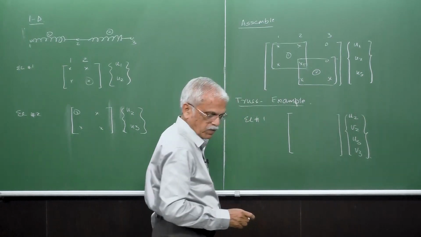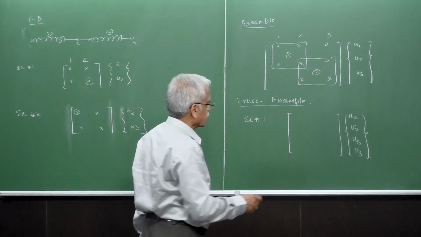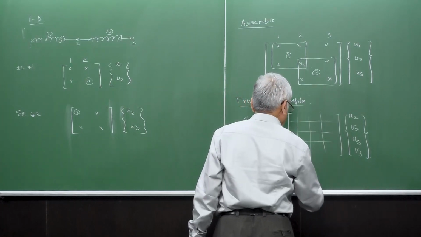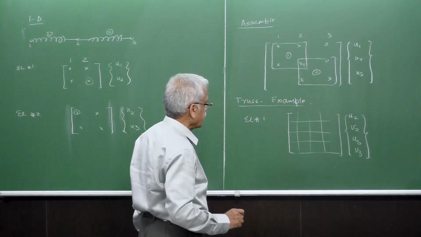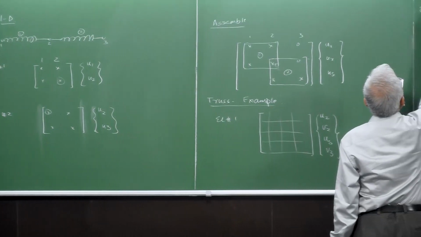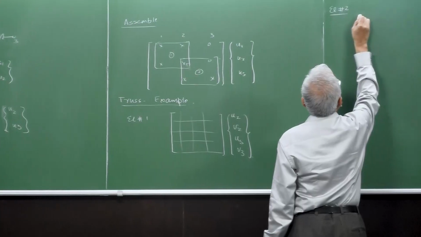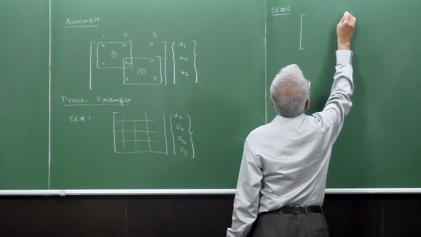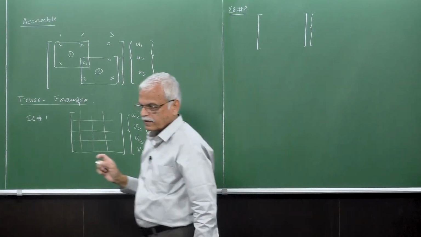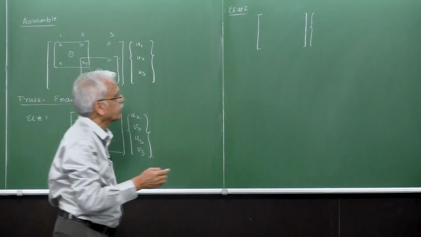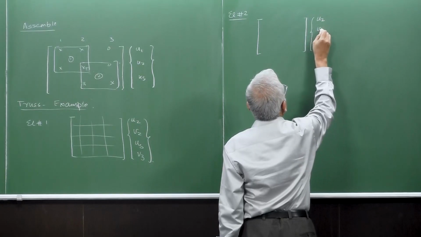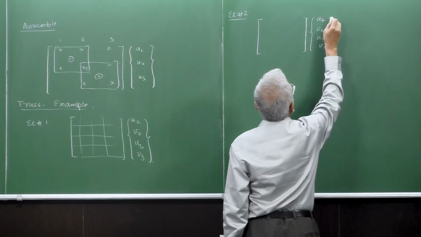So this is element 1, right? And 2 to 3, all 4 by 4. Similarly, element 2 is calculated between the nodes 2 and 1. So that means this is U2, V2, and U1, V1.